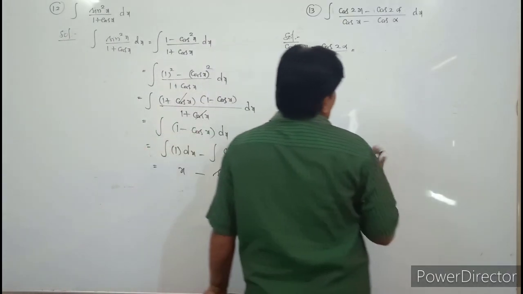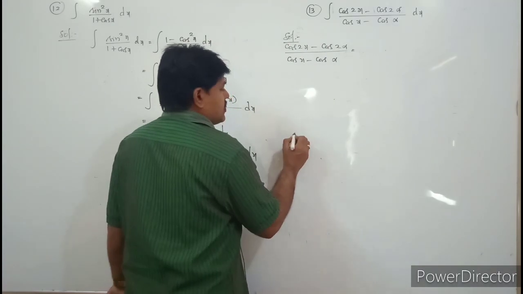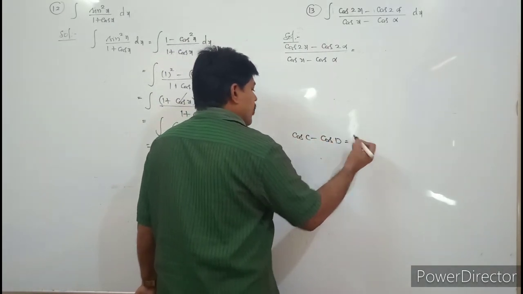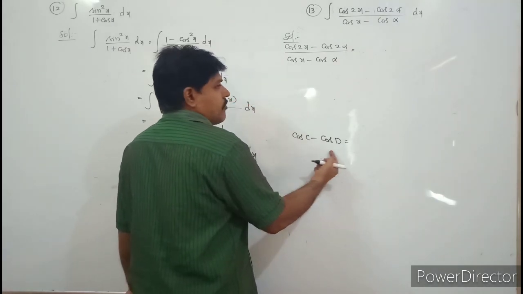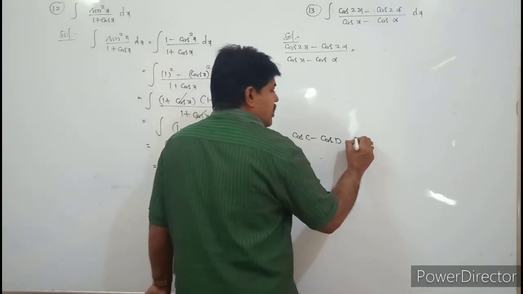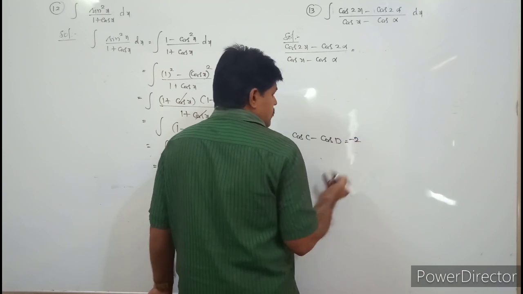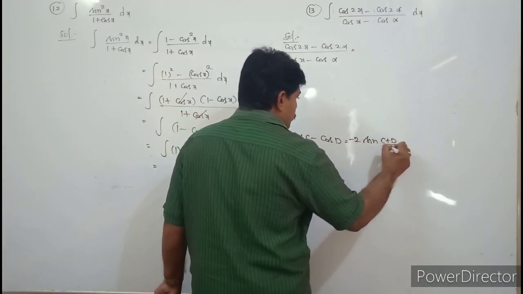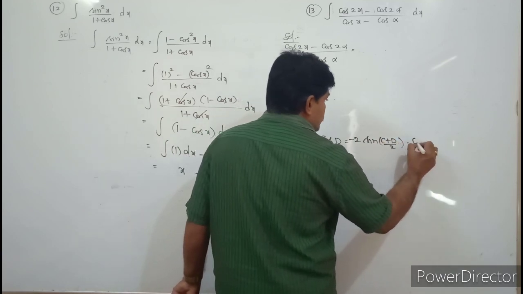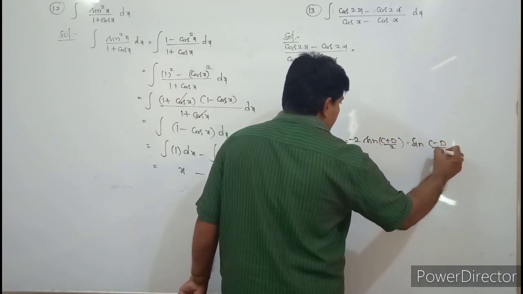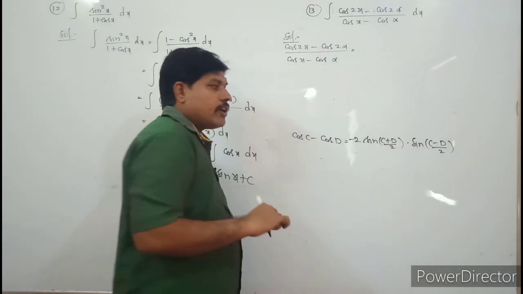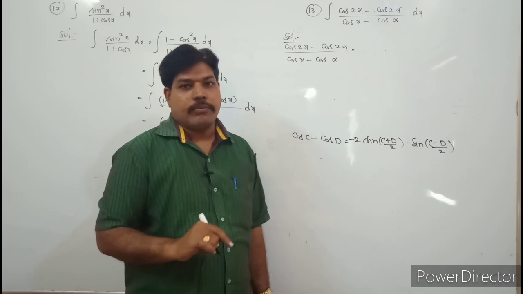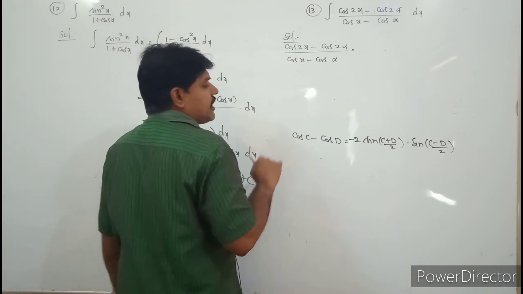So I know one formula. What is that formula? Cos c minus cos d formula. Very important formula. Cos c minus cos d is nothing but minus 2 into sin of c plus d by 2 into sin of c minus d by 2. So we will use the formula here, students.